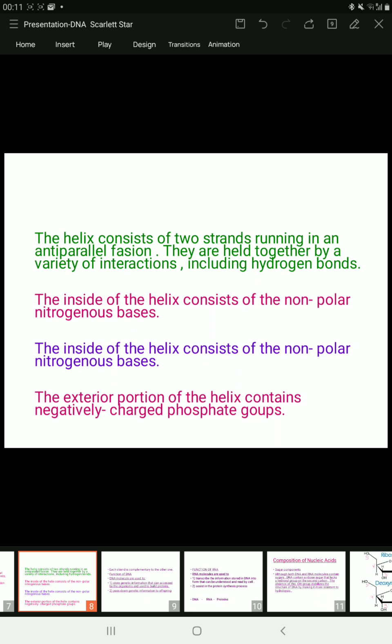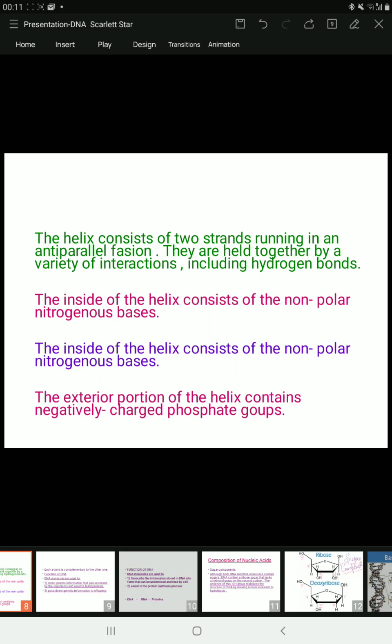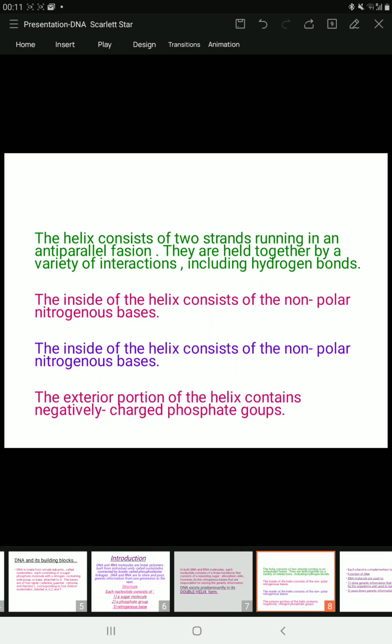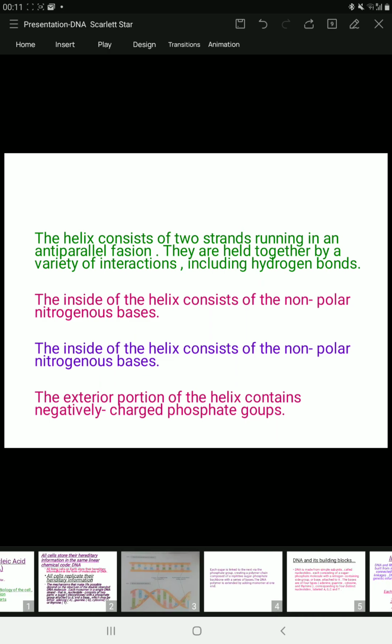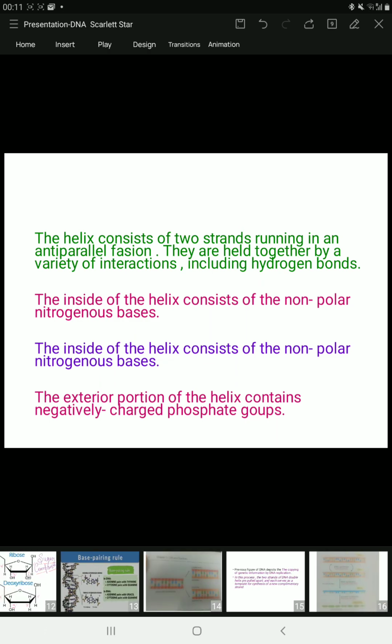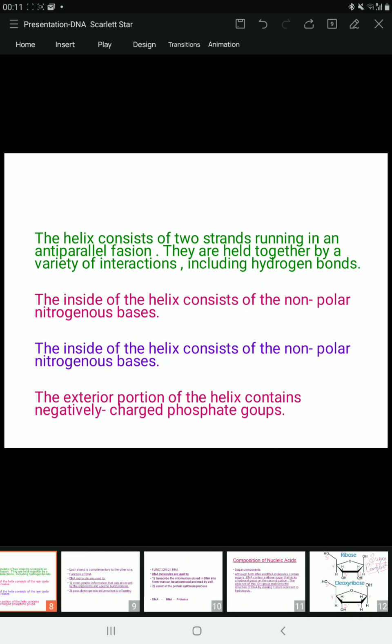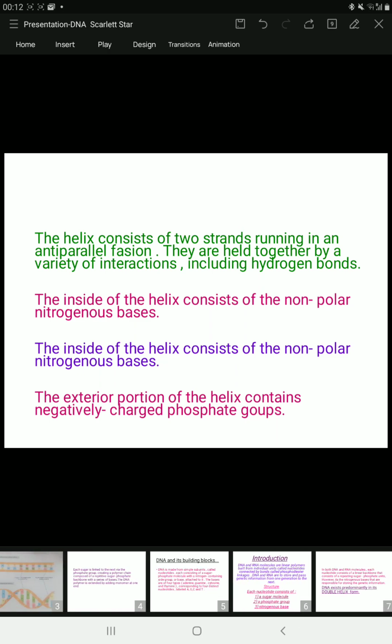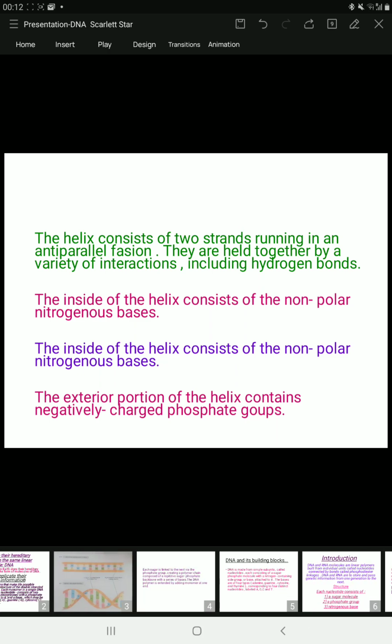The inside of the helix consists of non-polar nitrogenous bases. The exterior portion of the helix contains negatively charged phosphate groups. The phosphate groups in the DNA are basically on the outside of the DNA, so they contain a negative charge.